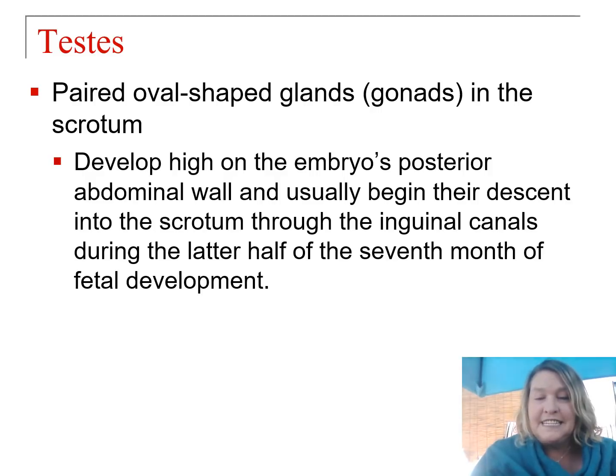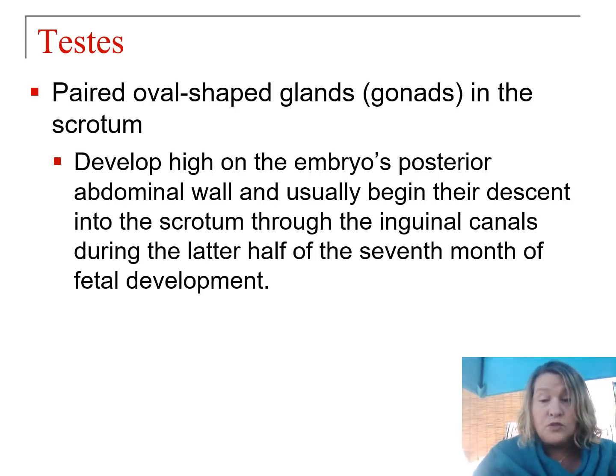So let's move on to the testes. There's two of them. They're paired, oval shaped. Call them the gonads, right? This is where creation and development of sperm occur. During embryonic period in males, they actually start out in the abdominal wall, and then about 7 months of gestation, they'll begin their descent and into the scrotum.